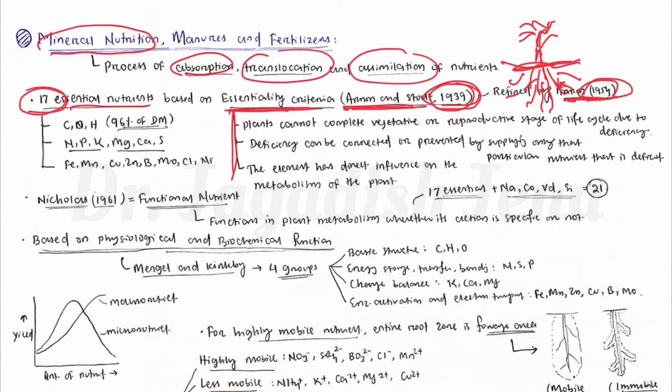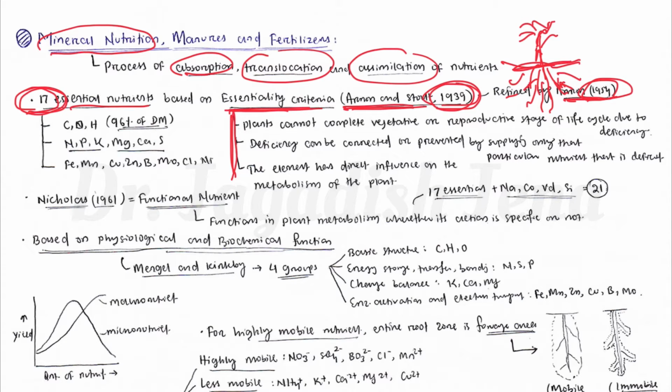There are three essentiality criteria. If any nutrient fulfills these three essentiality criteria, then that nutrient is called an essential nutrient for plants. Based on these criteria, 17 nutrients are regarded as essential.